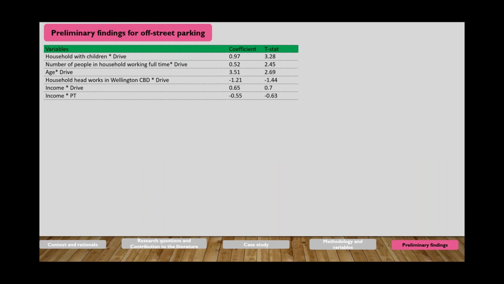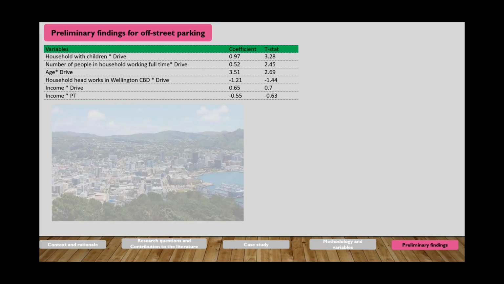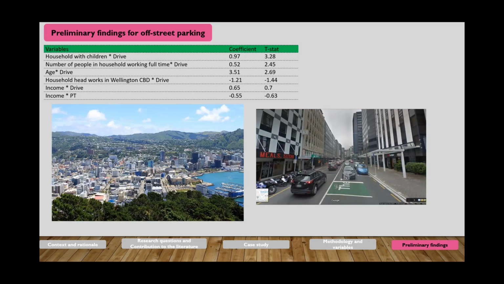Also, demographics have some impact on the tendency to drive. For example, having children, the number of full-time workers in a household, or the age of the head of household all have a positive impact on preference for driving. For commuters who work in Wellington CBD, which is compact and restricted in terms of parking, driving is not a favorable choice.